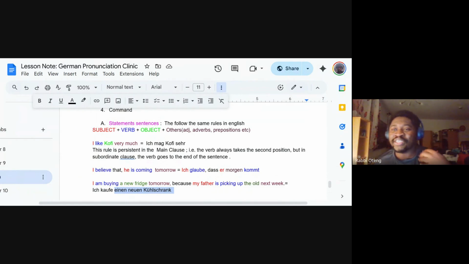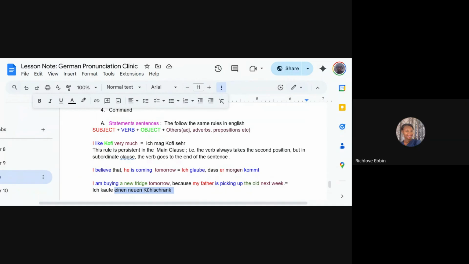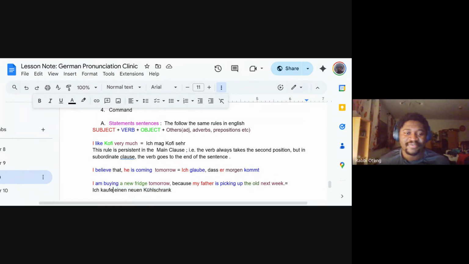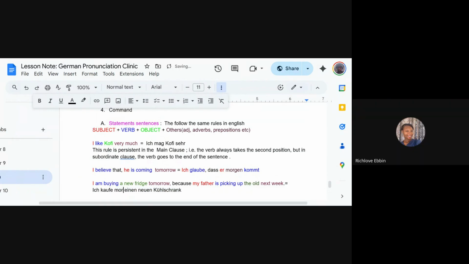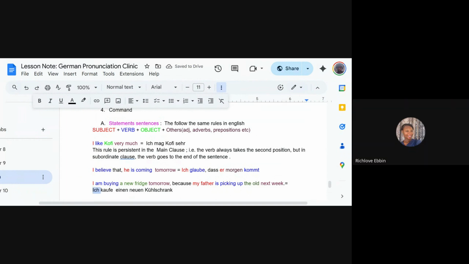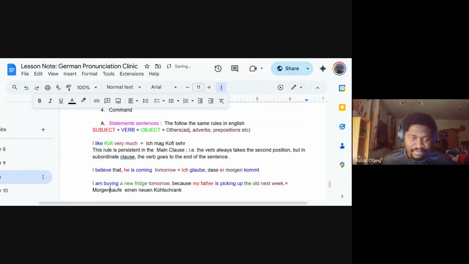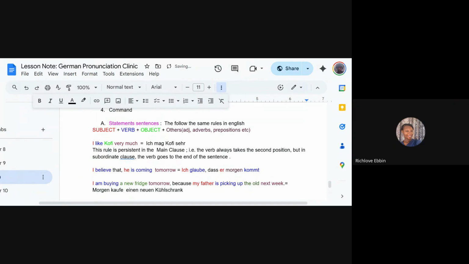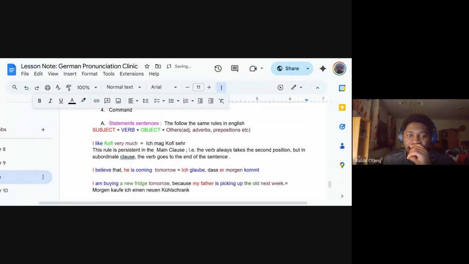We always want to know the time we are doing something before even the objects, the activity you are doing. Time is very important to Germans. So, start with Morgen. Morgen kaufe ich einen neuen Kühlschrank.